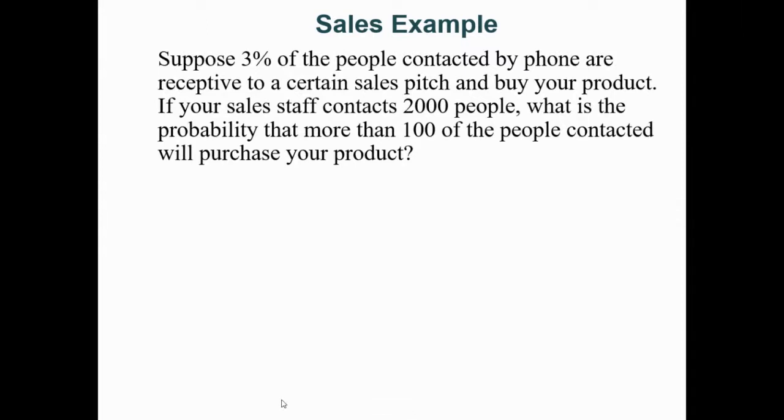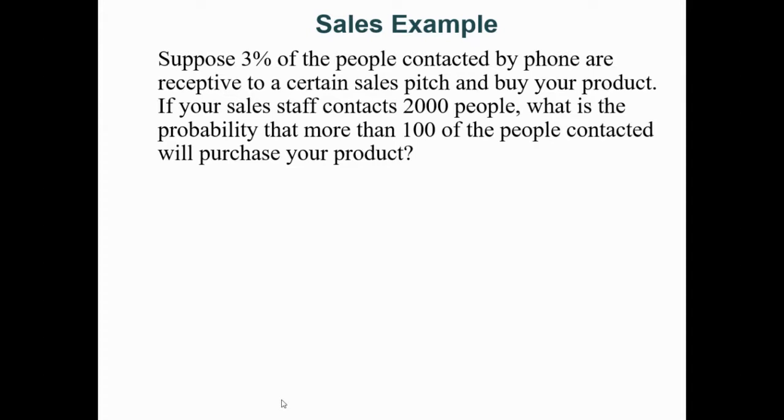Last example, before we have to go into a little dual credit add-on. Okay, so suppose that 3% of people connected by phone are receptive to certain sales pitches, and they buy your product. If your sales staff contacts 2,000 people, what's the probability that more than 100 will purchase your product?